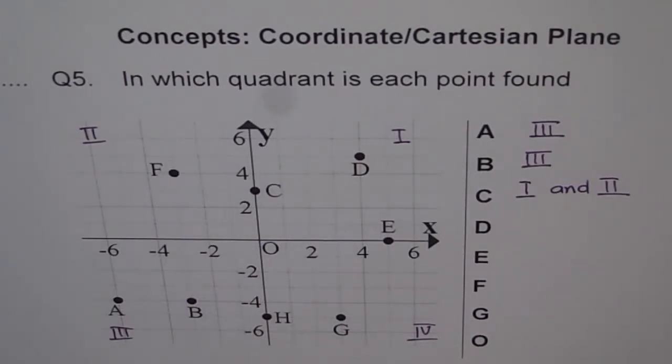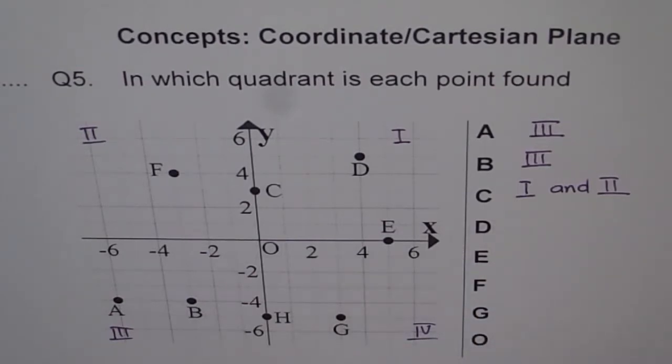Now, in the last video, you remember the points on the axis, I'm not really considering them in any one particular quadrant. So when I ask which points are in quadrant 3, then for me the points A and B are in quadrant 3, right? This one is on the boundary of 3 and 4, so for H, for example, it's not included here.